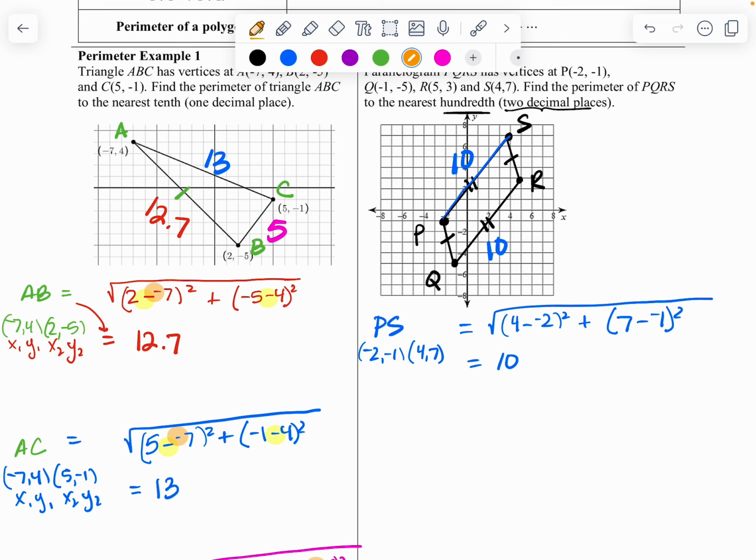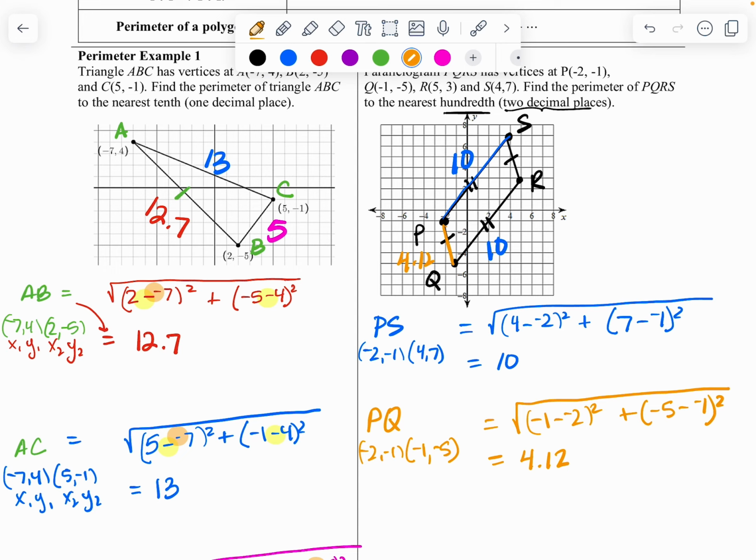So then I'm going to find the other one, PQ. PQ, where P is again -2, -1, and Q is -1, -5. So that's the square root of -1 minus -2 squared plus -5 minus -1 squared, which is 4.12.